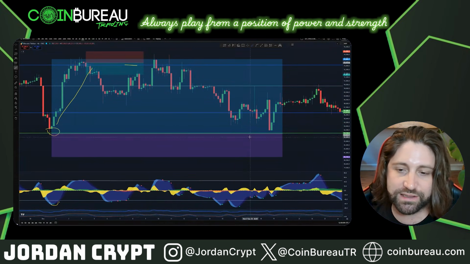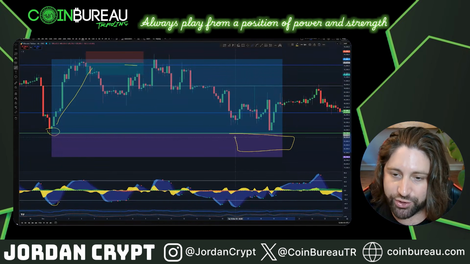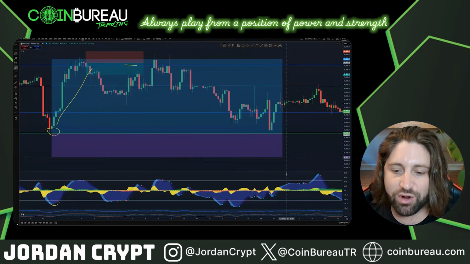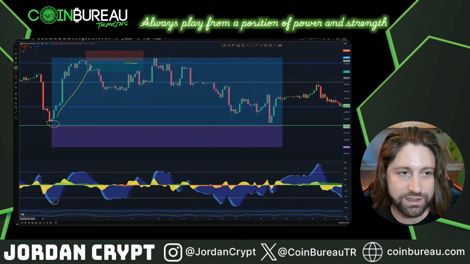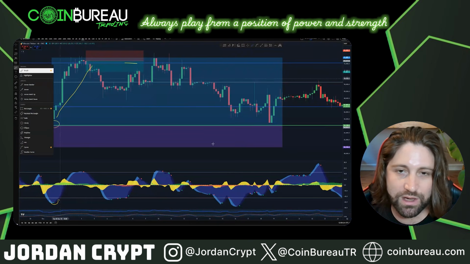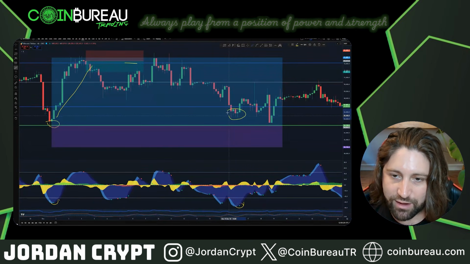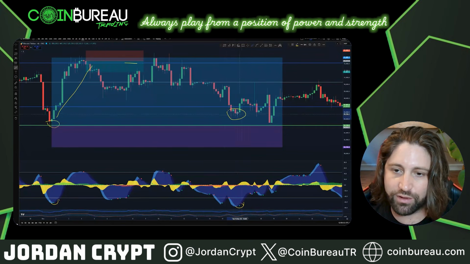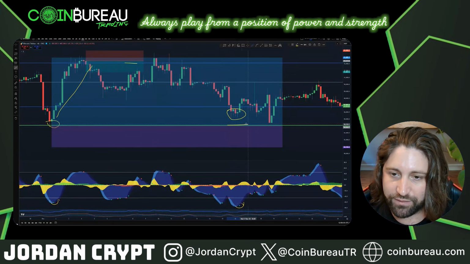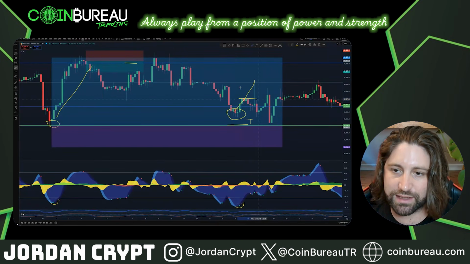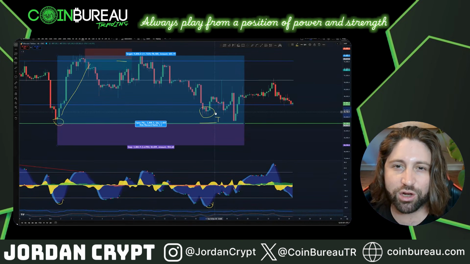Of course, it is ideal to add below your entry, but if you do see strong entry signals for the long, such as we did here when we got the green trigger wave below the value area low of the range, you could have added to your long trade and of course brought your entry slightly up, but gone on to hit some nice take profits, but still not closing the trade.